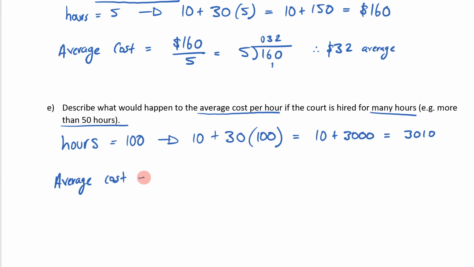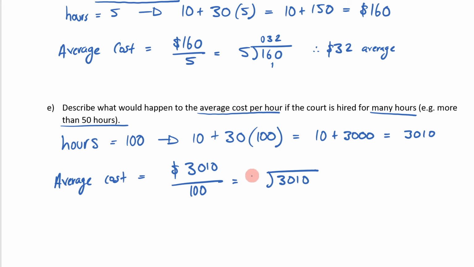And then to figure out the average cost, what you do is what we did above. If it costs us $3,010, we're going to divide that by 5. Now, what's that going to be? Well, we can come over here. How many times does 5 go into 3? It doesn't. Oh, sorry, it's not 5 this time, is it? It's 100, right? The reason why it's 100 is because we're using it for 100 hours.